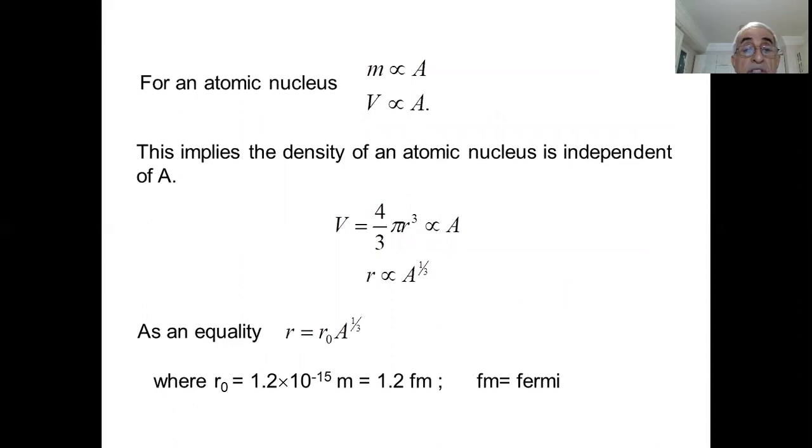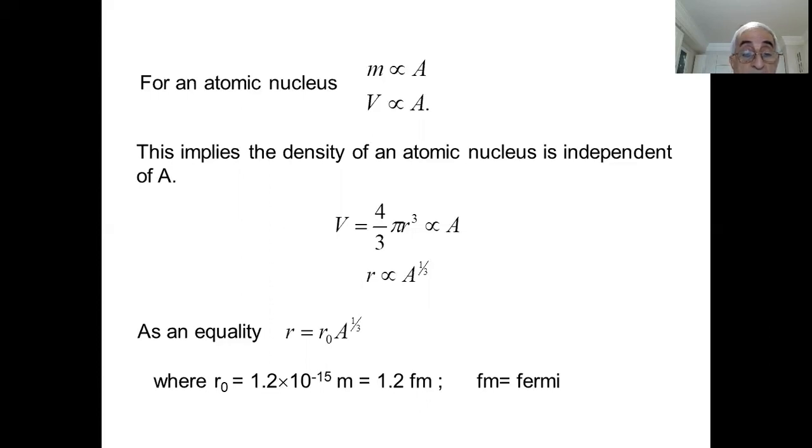For an atomic nucleus, the mass M is directly proportional to A, and the volume V is also directly proportional to A. This implies that the density of an atomic nucleus is independent of A. The volume is equal to 4/3 π r cubed, and this is directly proportional to A, so R is directly proportional to A^(1/3).